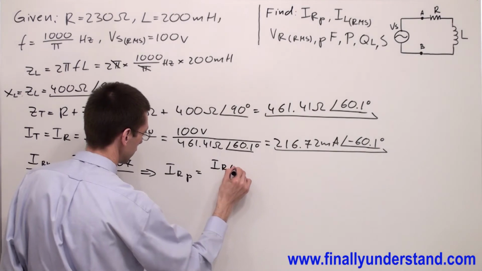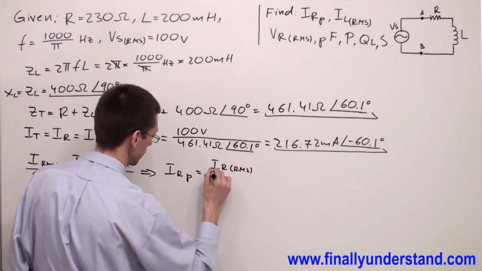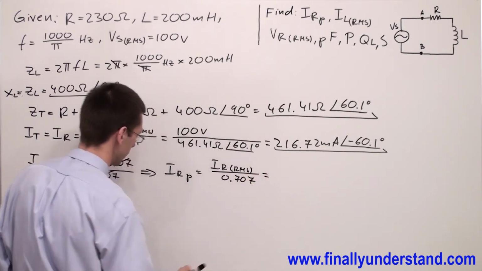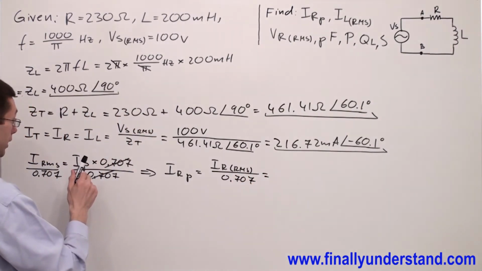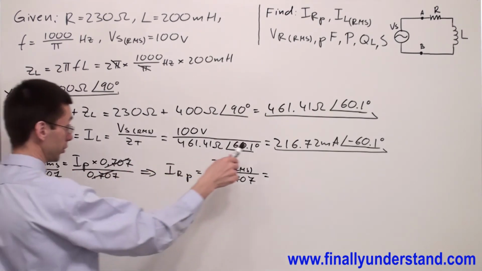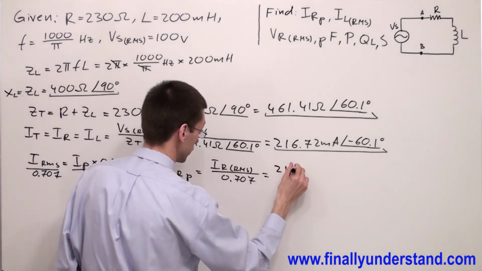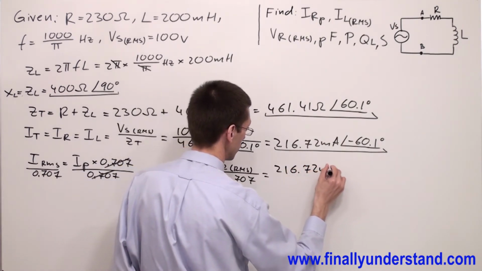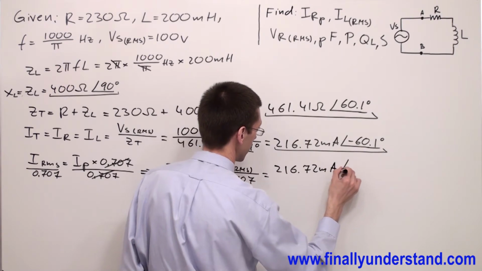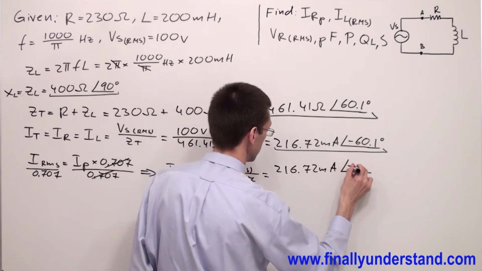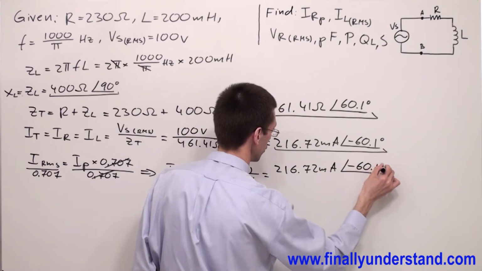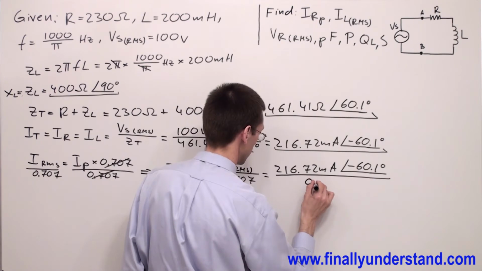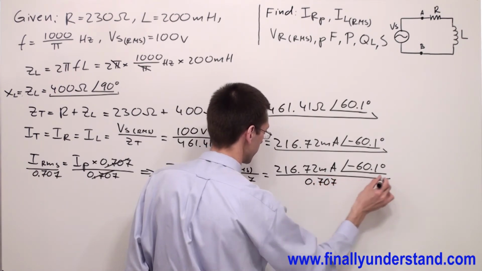IR RMS divided by 0.707. So my IR RMS is equal 216.72 milliamps and angle of negative 60.1 degrees over 0.707.